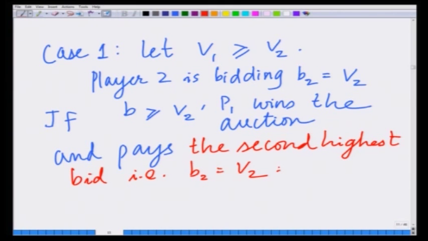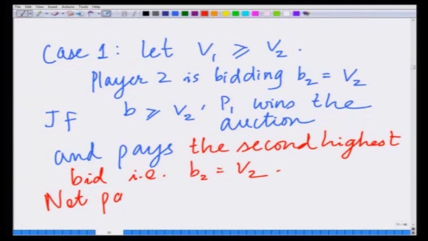So, he is paying an amount equal to V2. Therefore, his net payoff equals his valuation V1 minus the amount he is paying, V2, which is greater than or equal to 0, because V1 is greater than or equal to V2.